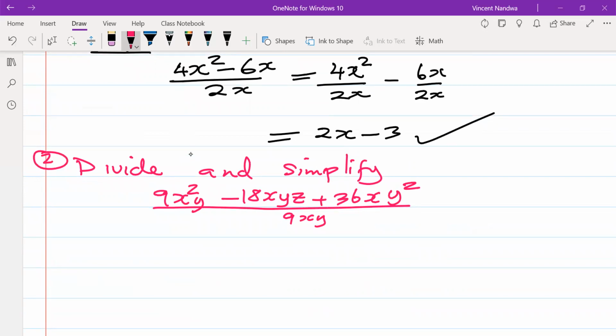Can you do the same process and tell me the answer? Or is it too hard and I need to solve it? Okay, try.